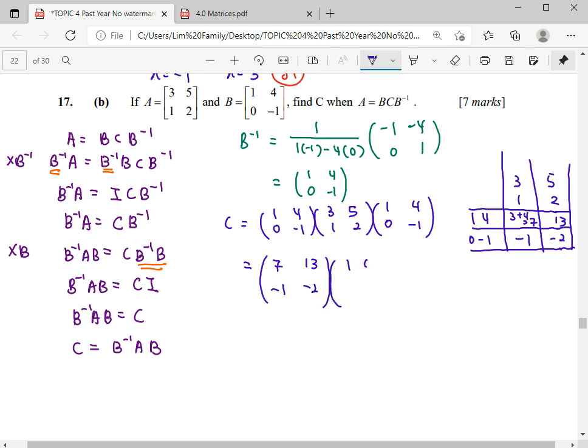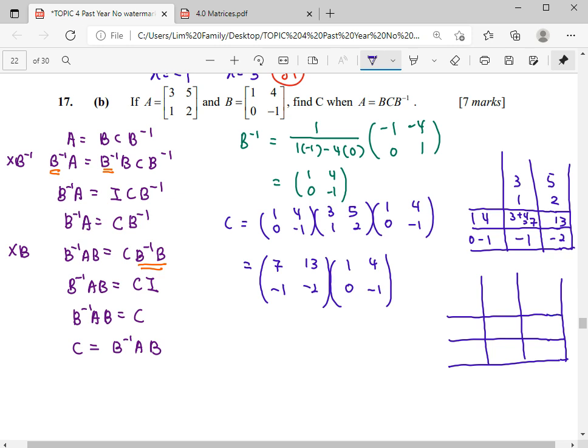Continue with the second multiplication here. Okay, so we show again the row times the column. Using the black dot table here will be easy for us. So 7, 13 is the first row, negative 1, negative 2 is the second row, and the columns are 1, 0 and 4, negative 1. So we try to multiply here.